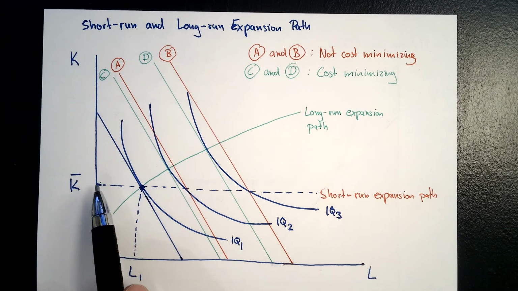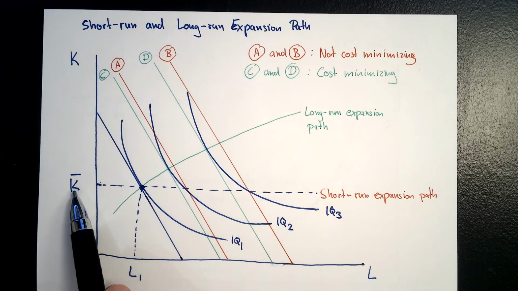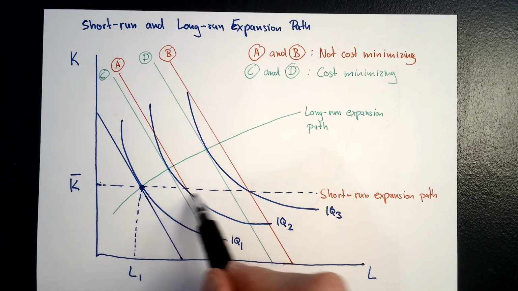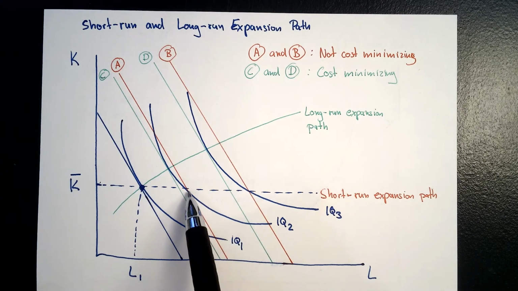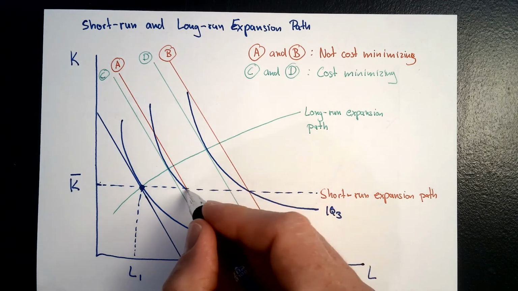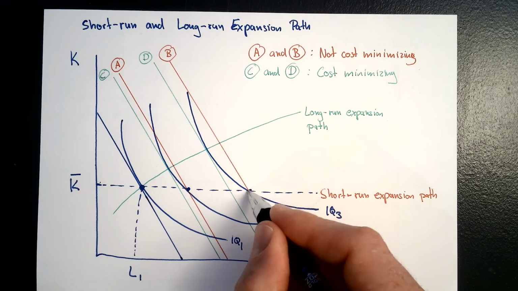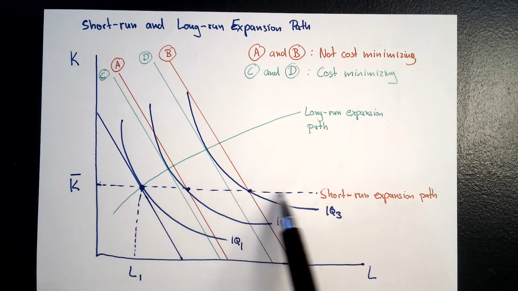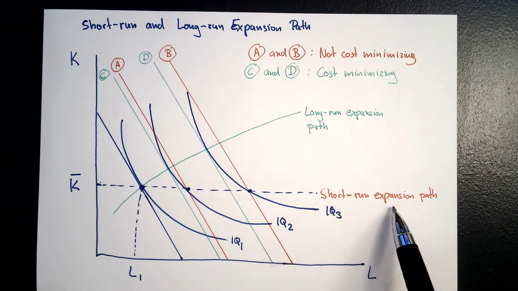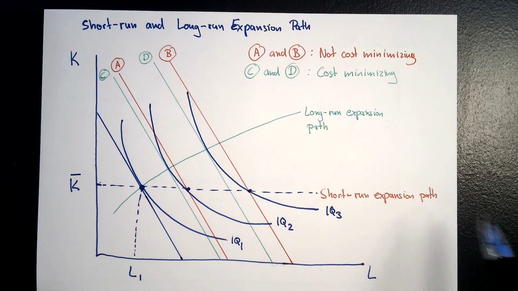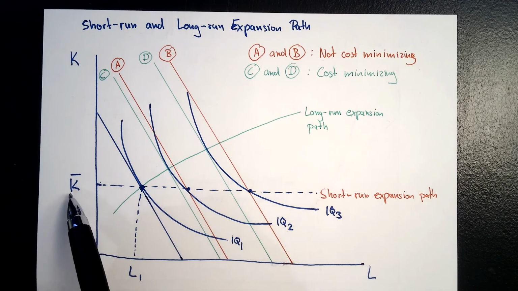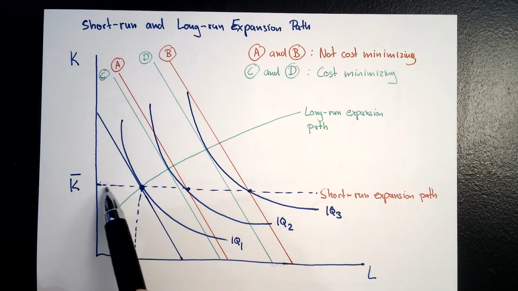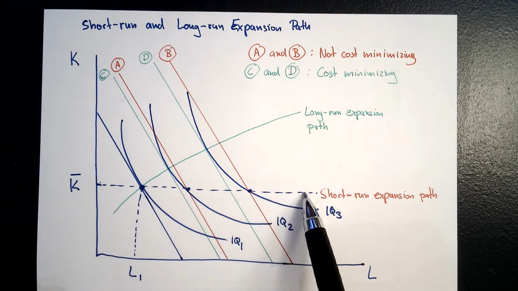Now, since the firm is fixed at K bar, if they want to produce more units of output, then they are moving along this line, which is called the short-run expansion path. Why is that the case? Well, K bar is fixed, so they always have to use K bar units of capital.